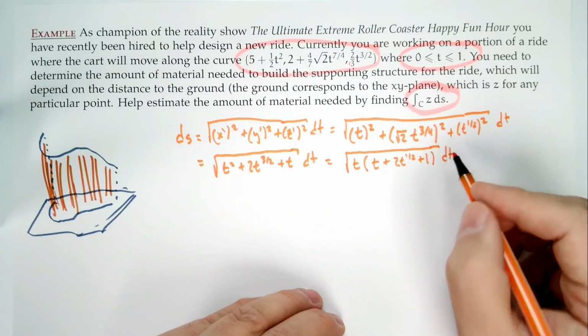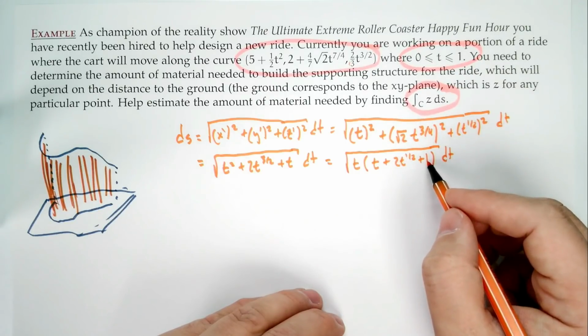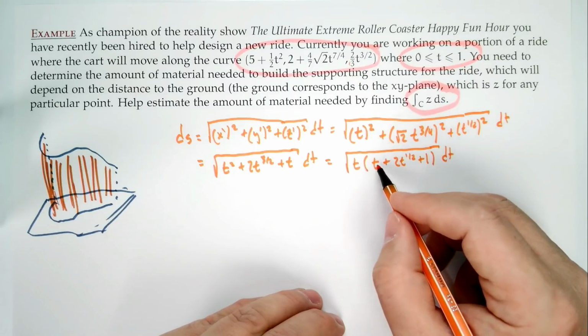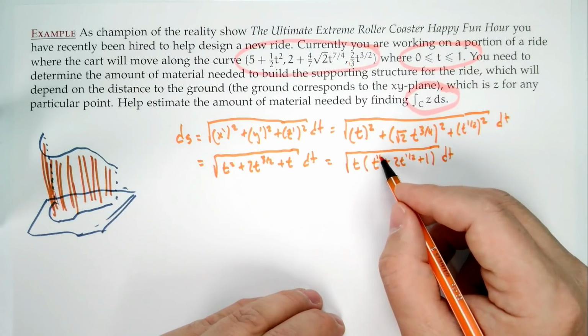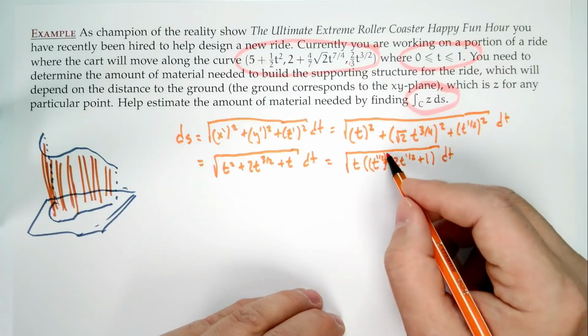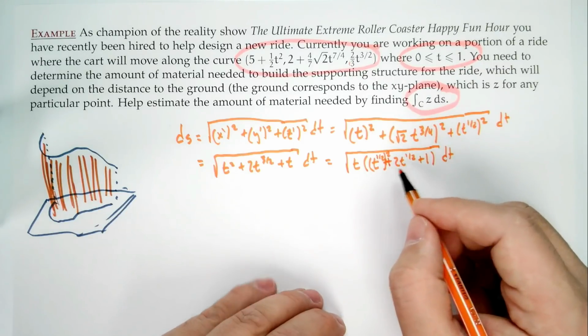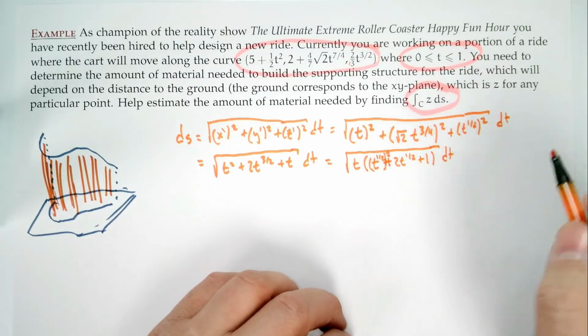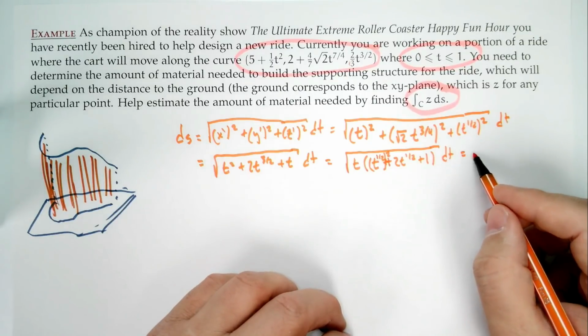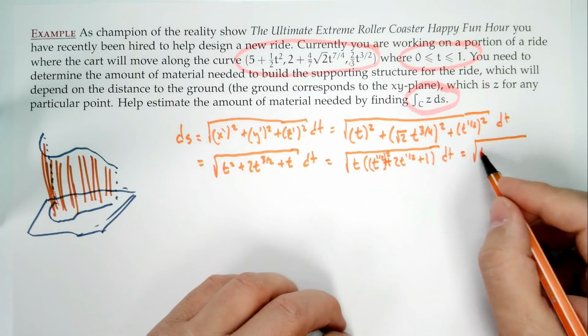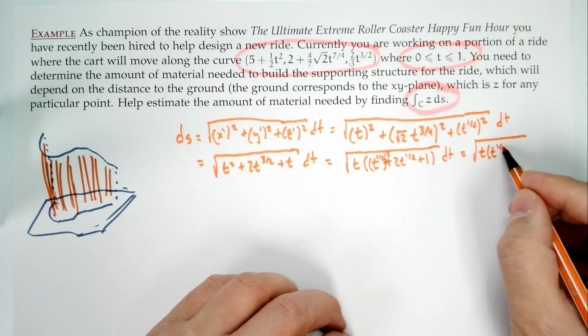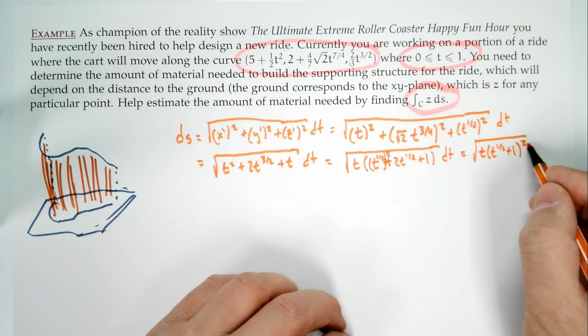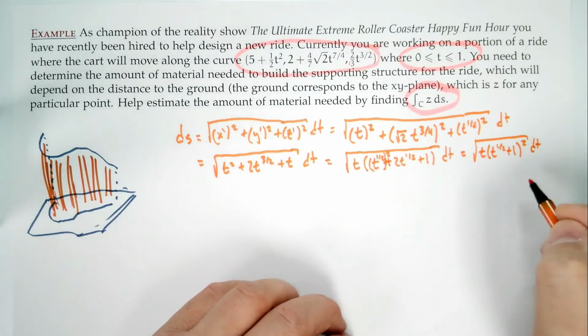All right. Well, that 1 is good. t to the 1/2. How do I think of t now? Well, I can think of it as t to the 1/2 squared. And that's good, because this becomes the square root of t times t to the 1/2 plus 1 squared dt.